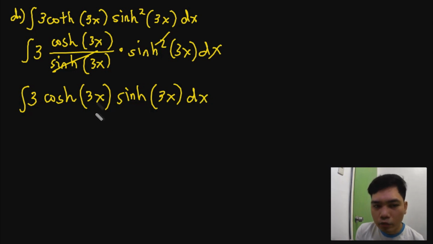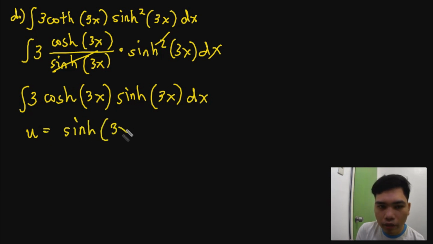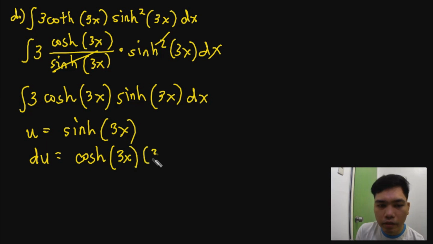Now, can we solve by letting u be any of the functions here? The answer is yes, because if you let u be this hyperbolic sine of 3x, then the derivative would be du equal to hyperbolic cosine of 3x times 3 dx.